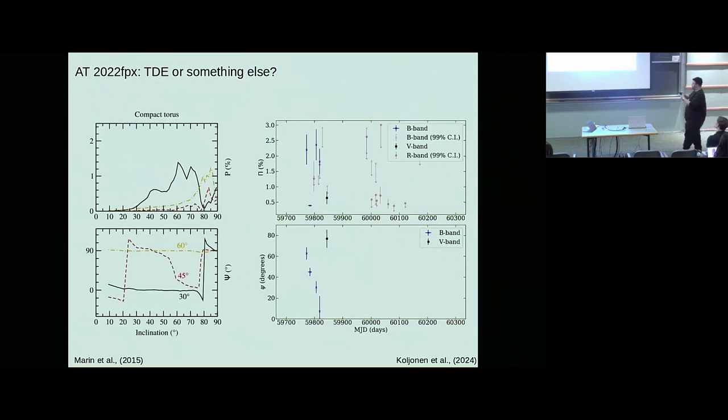But you can imagine that you have the inner accretion disk that's precessing, and that might give you this polarization behavior, and will also give you this movement of the polarization angle with a sudden jump back up. And you only have to move maybe about 20 to 30 degrees, so it's not crazy.